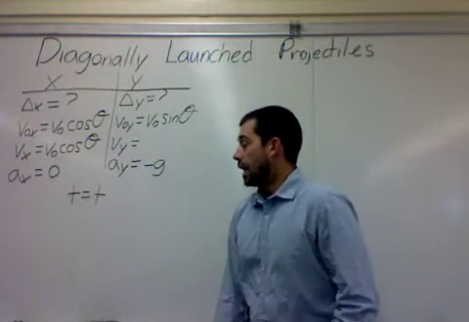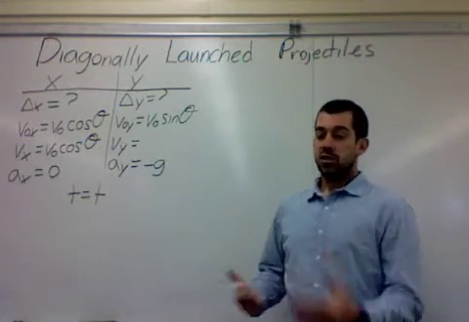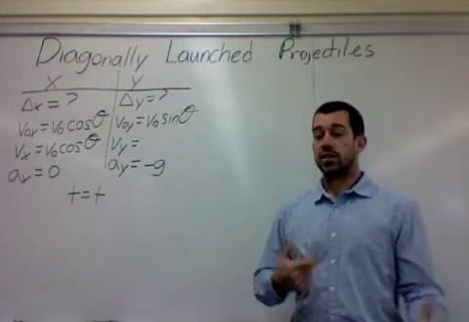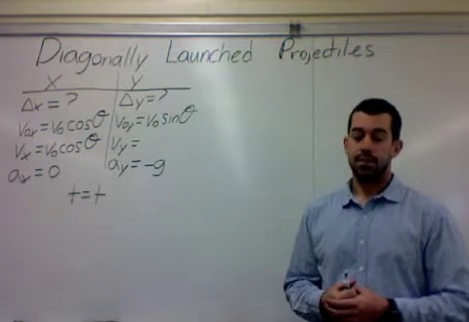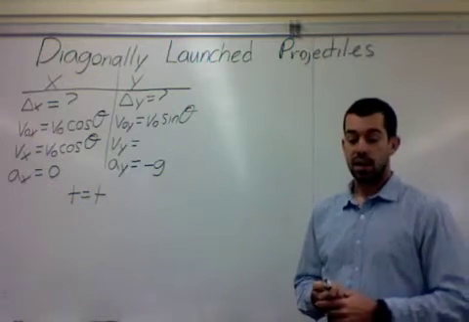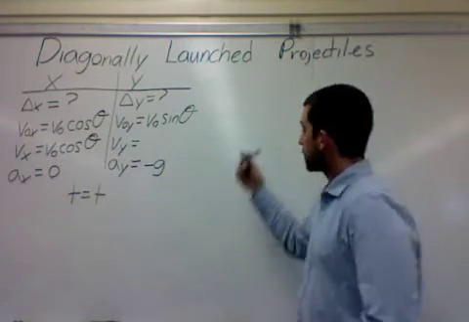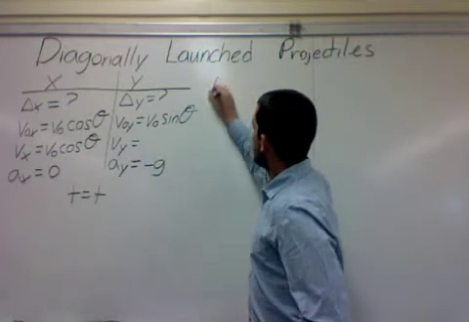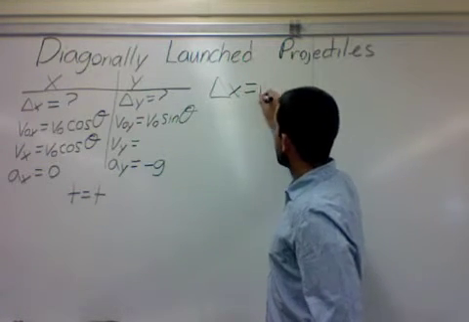Okay? And now what we need to do is we actually need to solve for those two positions. We need to solve for delta x, and we need to solve for delta y. We can do that pretty simply because we have basically everything. What I'm going to end up doing is plugging in to this equation for x.